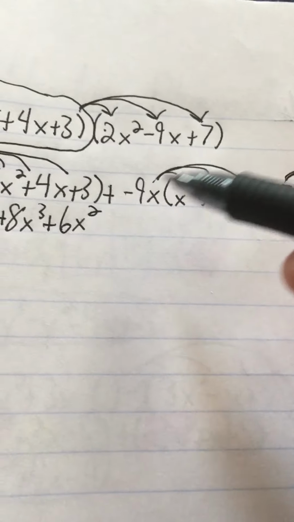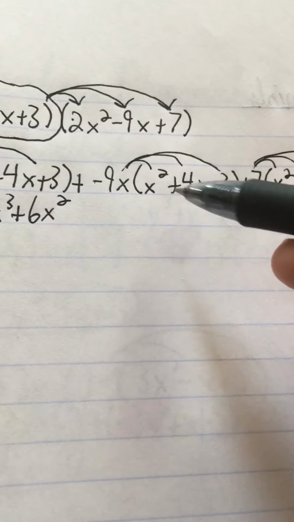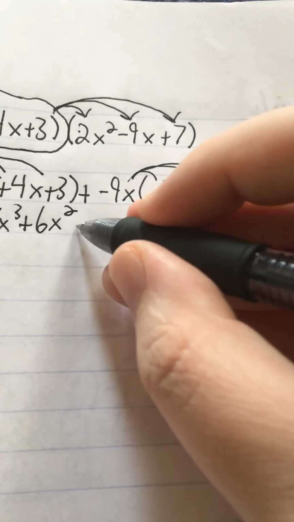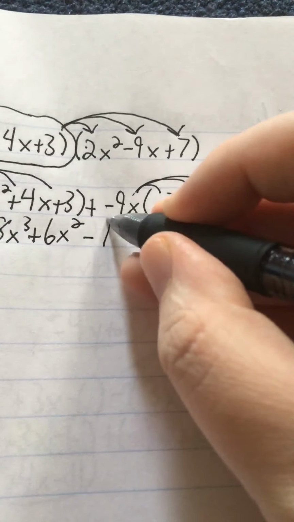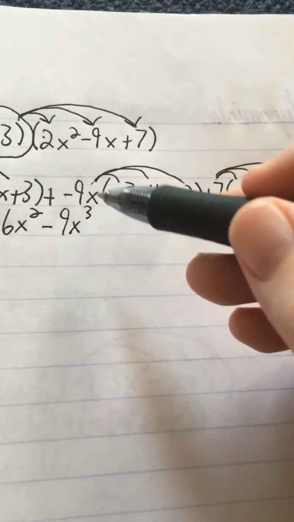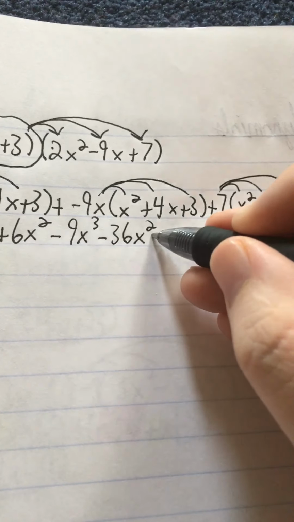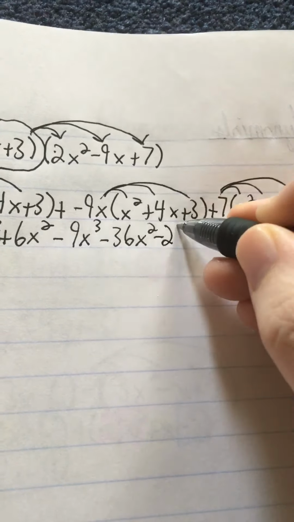Then we're moving on to this one. Negative 9x times x squared gives us negative 9x cubed. Then negative 9x times 4x gives us negative 36x squared. And then negative 9x times 3 gives us negative 27x.